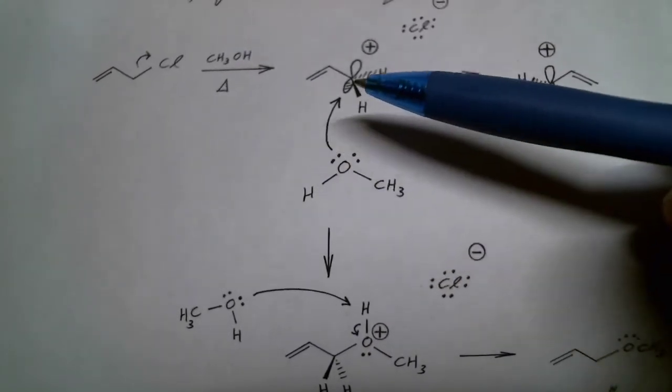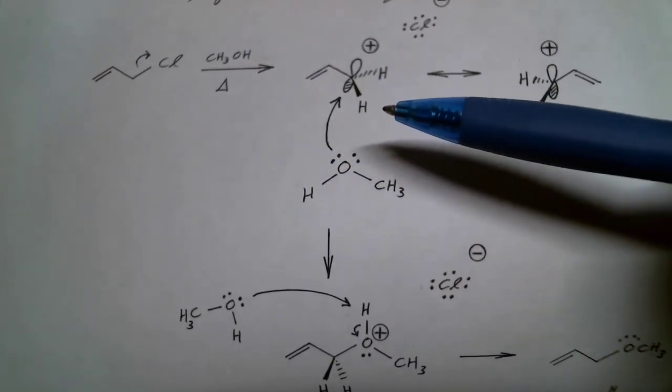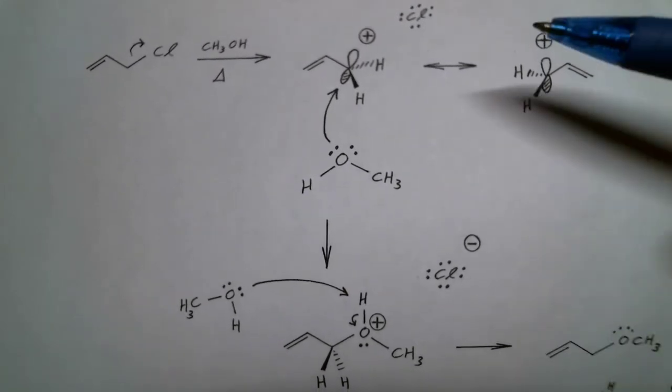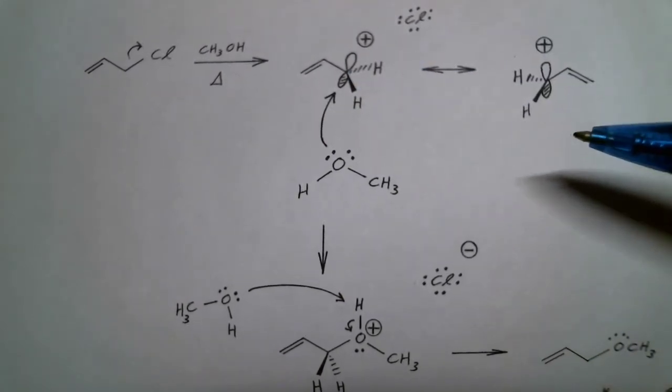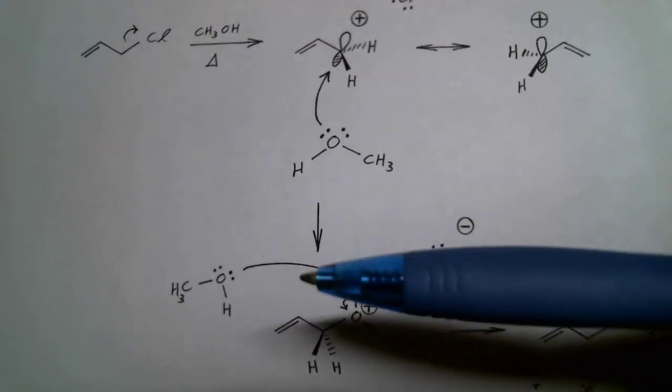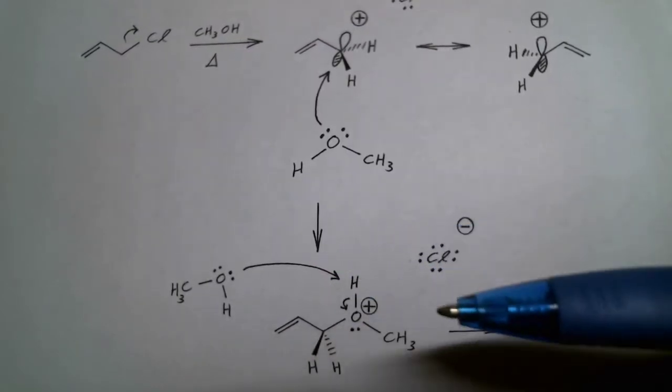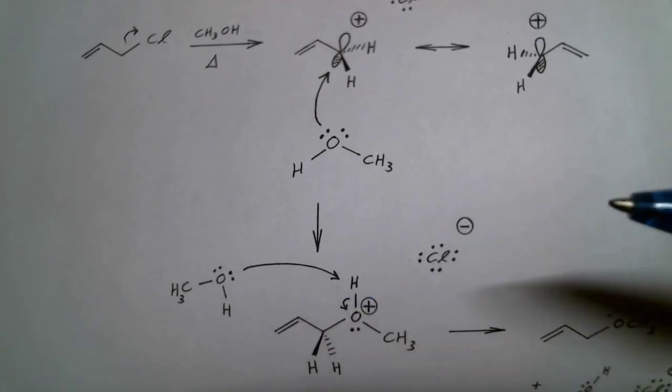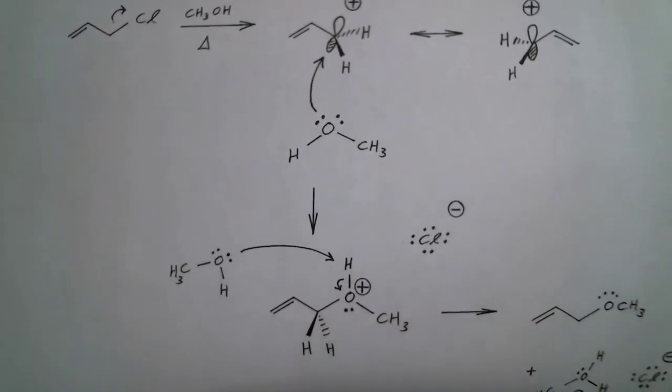So our methanol adds in to the empty p orbital of our allylic cation, either one on either terminal end. And once it adds in, then another molecule of methanol comes along, plucks off a proton, because methanol is a stronger base than the chloride anion.